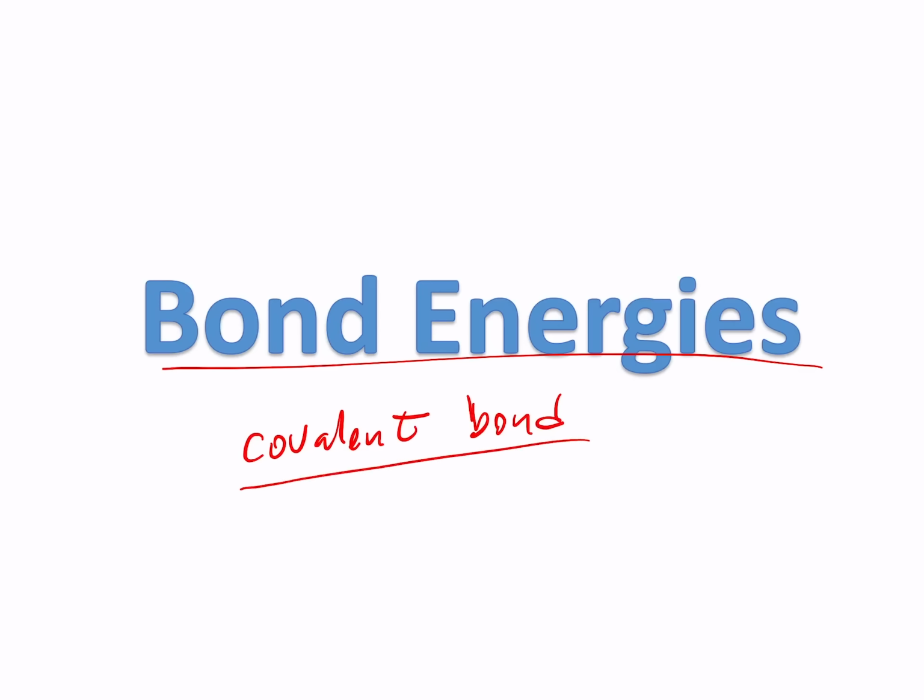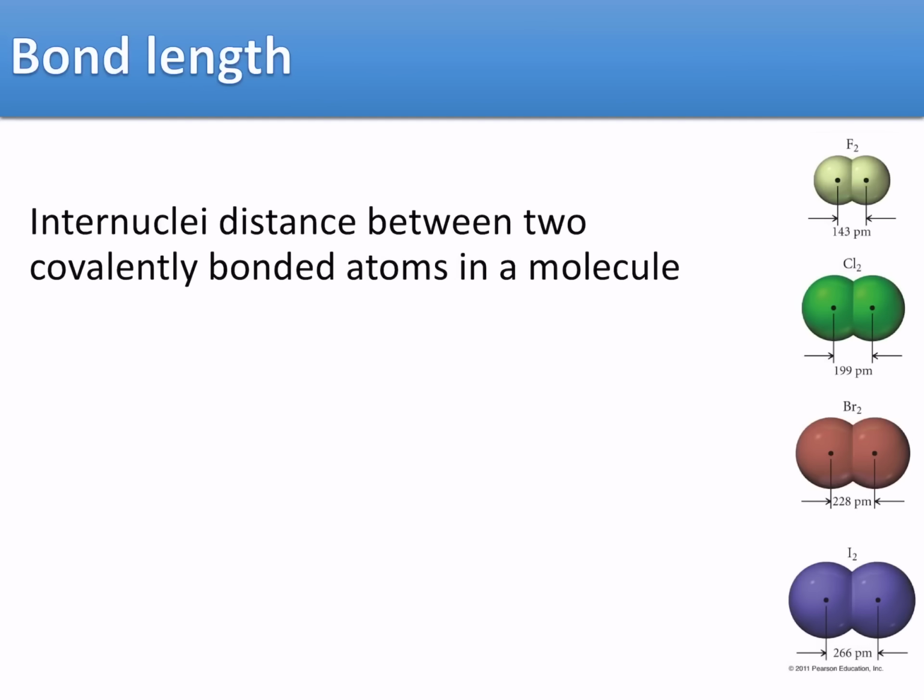The covalent bond has to do with a concept that we already know, and that is the atomic size, the atomic radii. Here, the bond length is pretty much on the line of the atomic radii. It is the internuclear distance between the two atoms in the molecule, the distance between the nuclei.